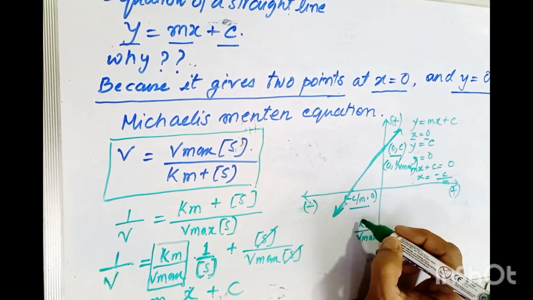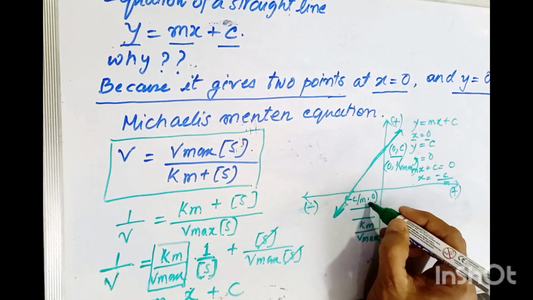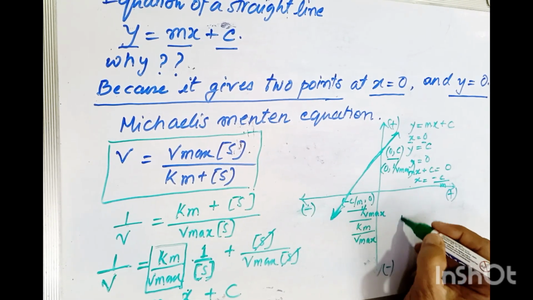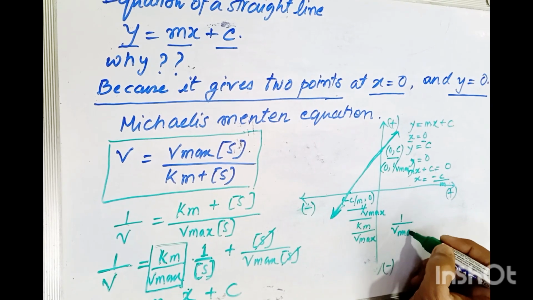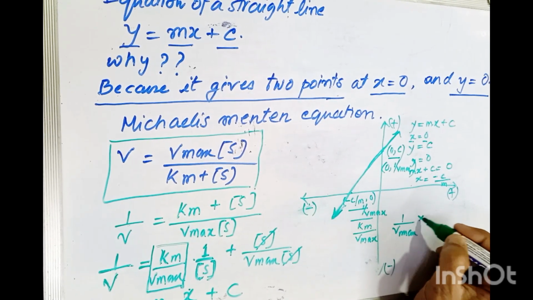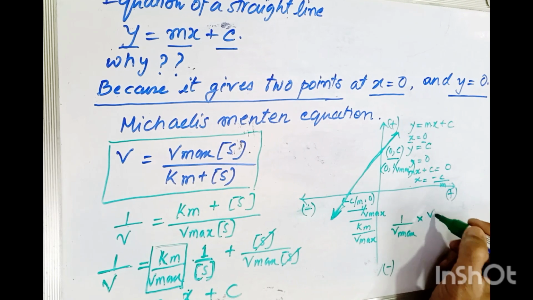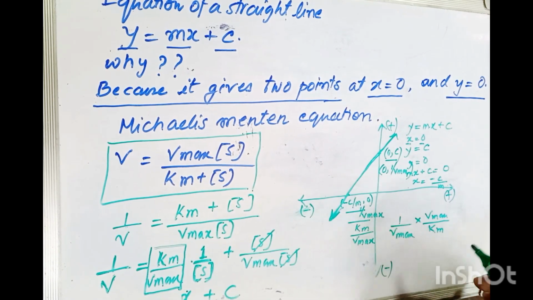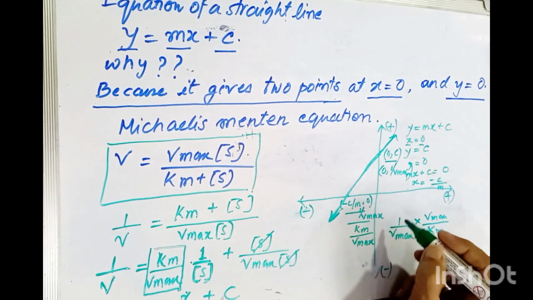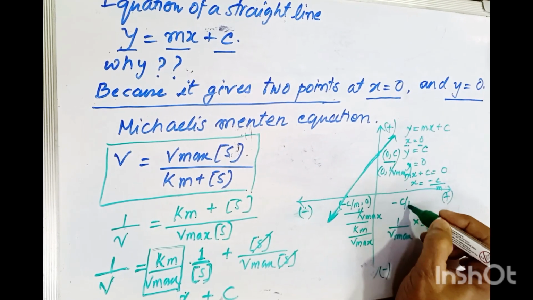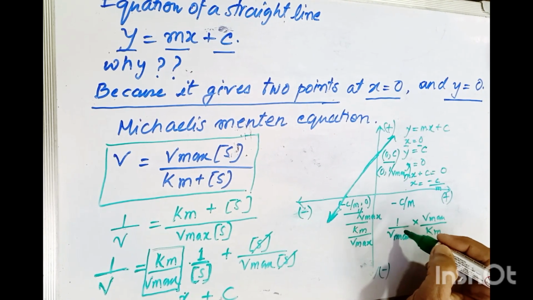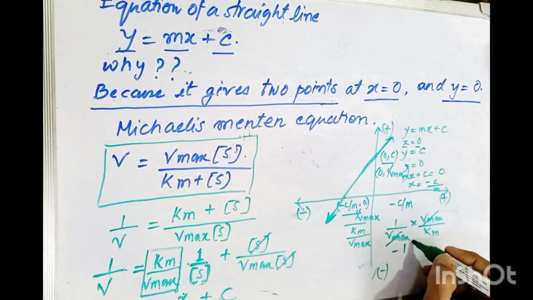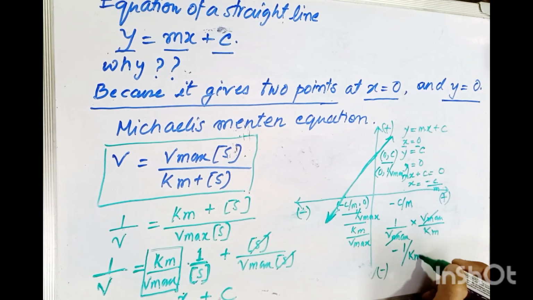This is m, and above c, what is c? 1 by Vmax. So 1 by Vmax into Vmax by Km: Vmax goes away, and Km goes below. So minus c by m becomes 1 by Km.